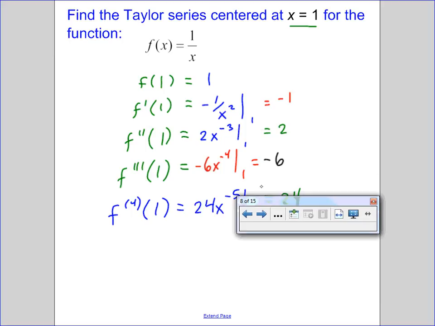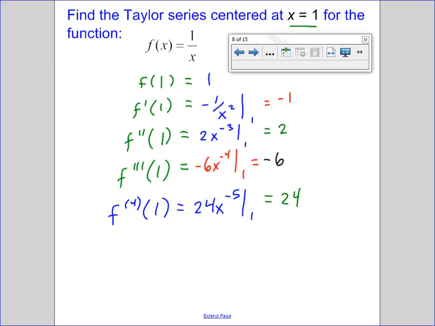So as I start with my series representation, 1, and a negative 1 already, so I'm going to have to change that. So far I've got 1 minus 1 over 1 factorial times quantity, and it's not going to be x to the first, it's going to be x minus a. In this case, x minus 1. Does everybody see that? We're centering this at x equals 1, not at x equals 0.